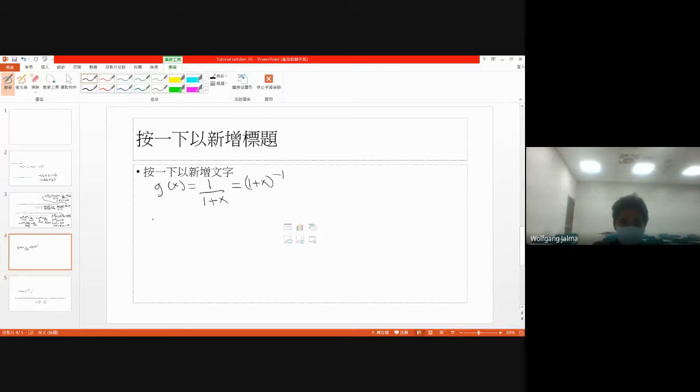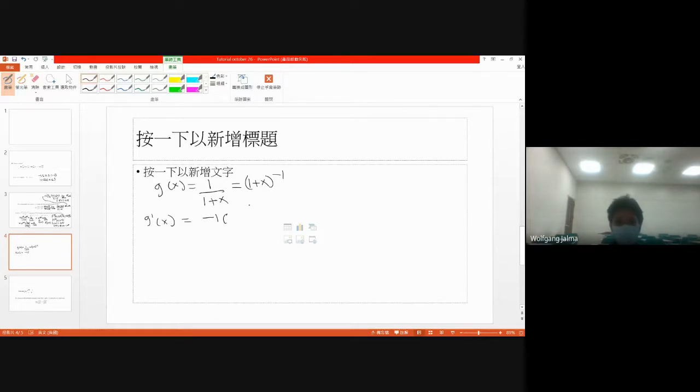So the first derivative will be minus 1 times, well, this is actually a composition, the chain rule.